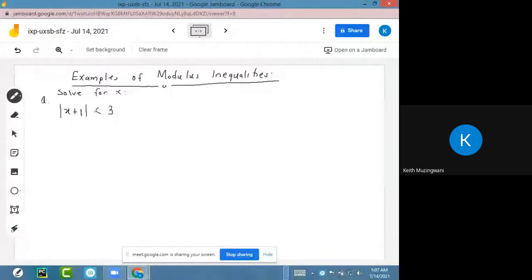What we do is, you must note that the modulus of x is always defined as the very x if it is positive, and multiplied by negative if it is negative. What do we mean there? If the number given is 2, we just get it as 2.